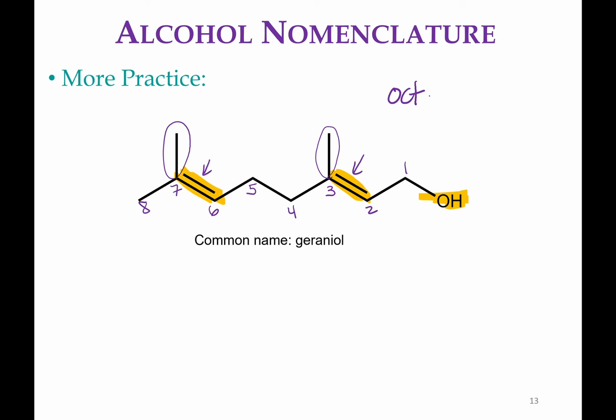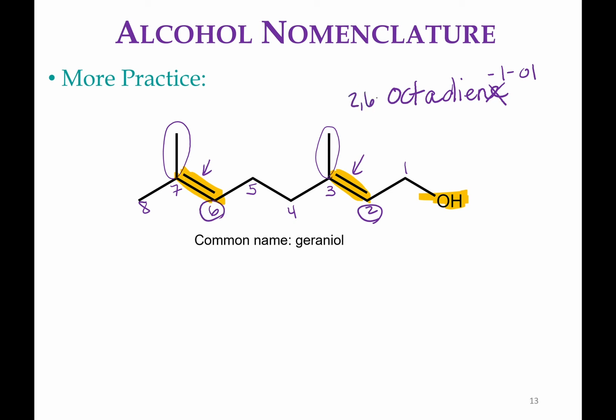We have that A: octa, di, ene. Now we're going to drop that E and we're going to add the number and put the 1-ol, octadienol. I have to say where the double bonds are, so those are going to come out front. They're at number 2 and number 6.